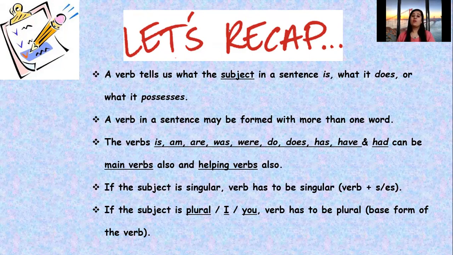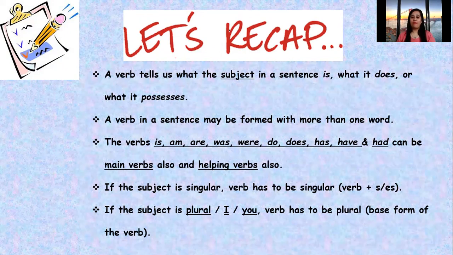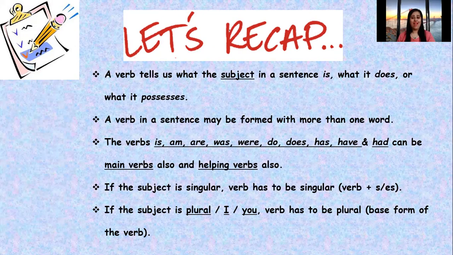Second, a verb in a sentence may be formed with more than one word. Third, the verbs is, am, are, was, were, do, does, has, have, and had can be main verbs also and helping verbs also. Depends on their place in the sentence and their usage in the sentence.